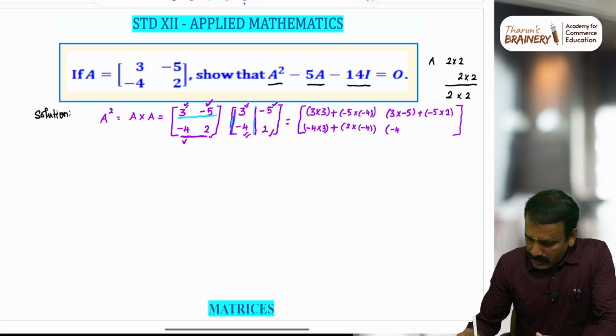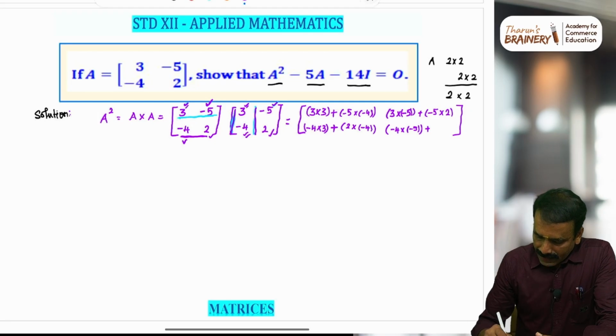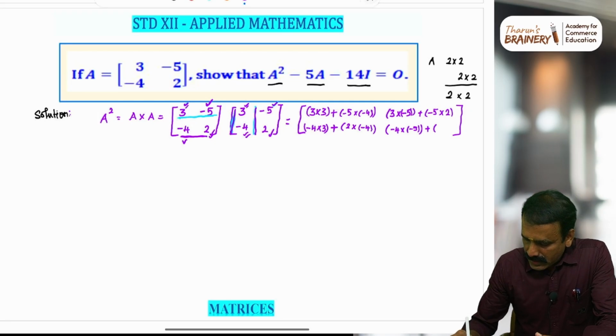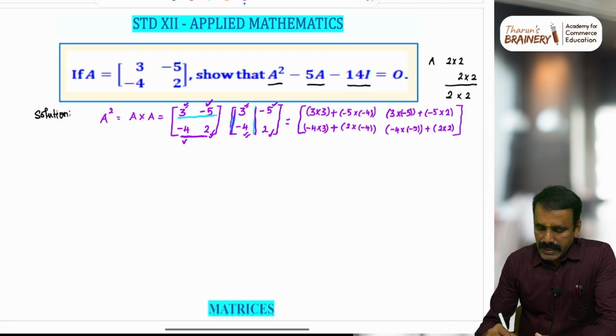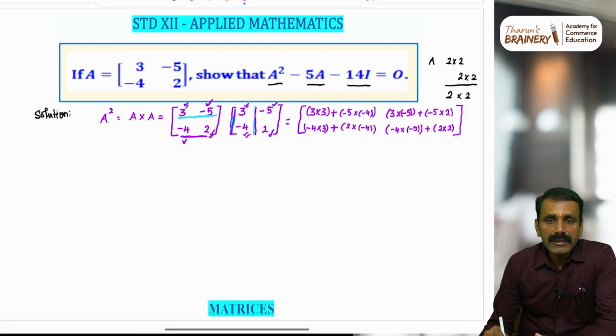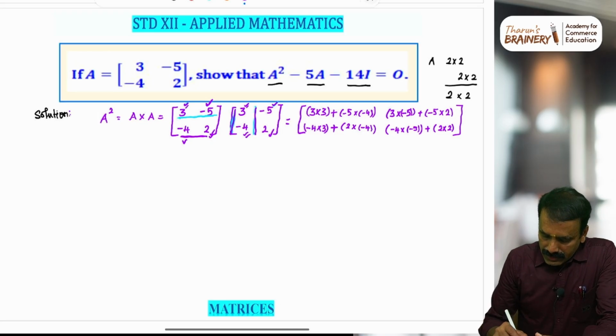So minus 4 multiplied with minus 5, plus second element multiplied with the second element. So 2 multiplied with the 2. So second row is also multiplied with both the columns of the second matrix. Now we have to simplify.